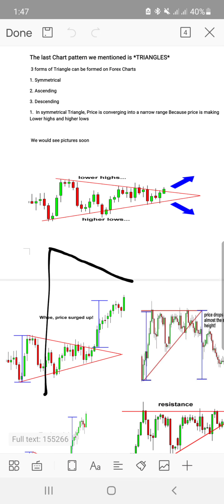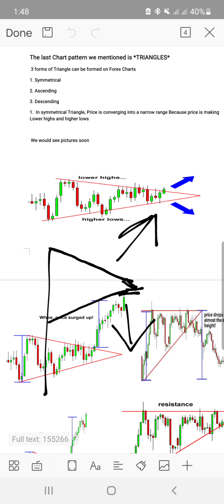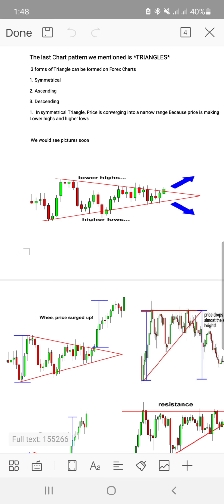It's a perfect triangle like this. One feature of the symmetrical triangle is that price can break out on any side. There's no particular side it must break out on, unlike flags, pennants and rectangles.